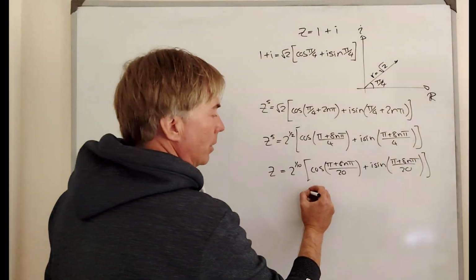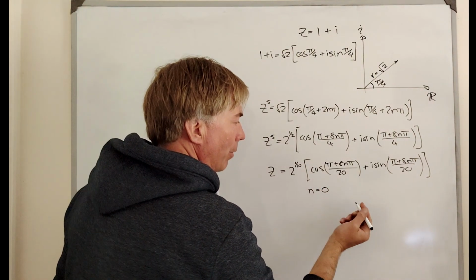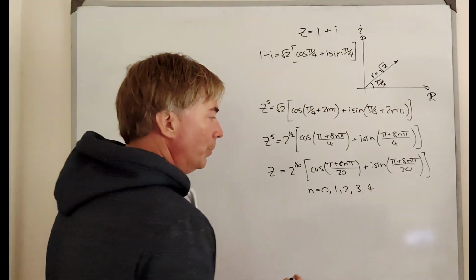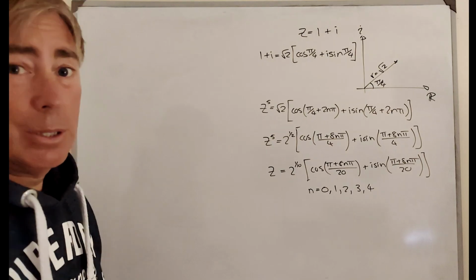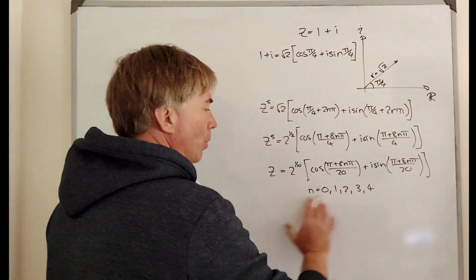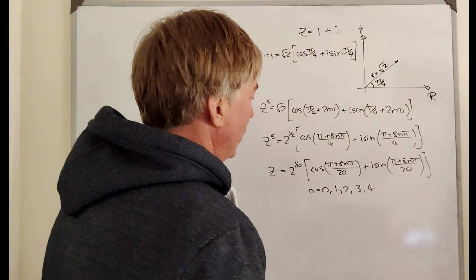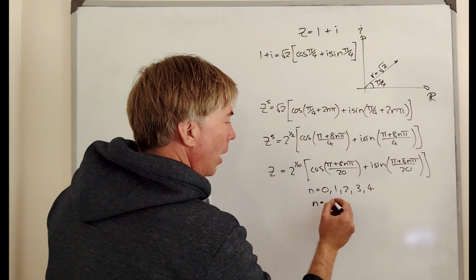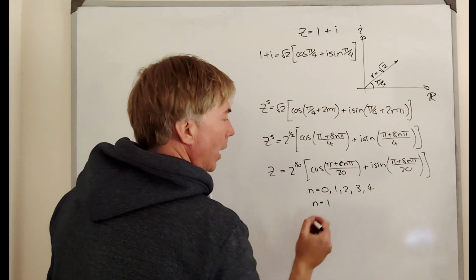Now what remains to be done is set n equal to 0 for our principal solution, then 1, 2, 3, and 4. I'm only going to sub one value in because you will be expected to cover all 5 within an exam. So just for argument's sake, excuse the pun, I'm going to set n equals 1.